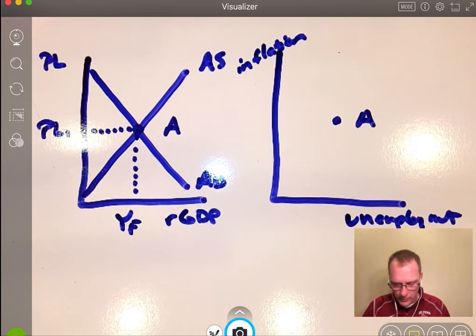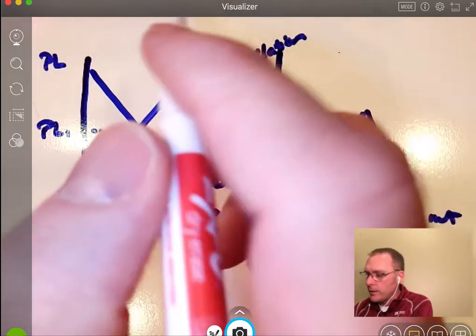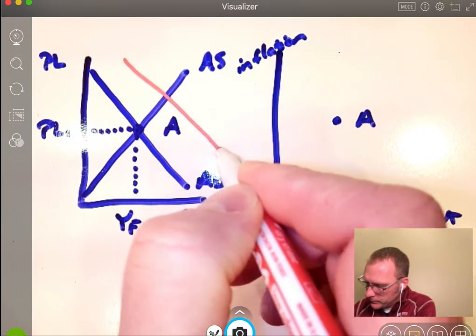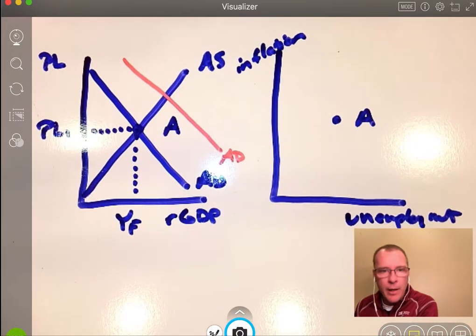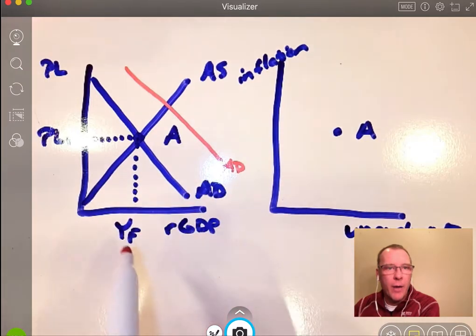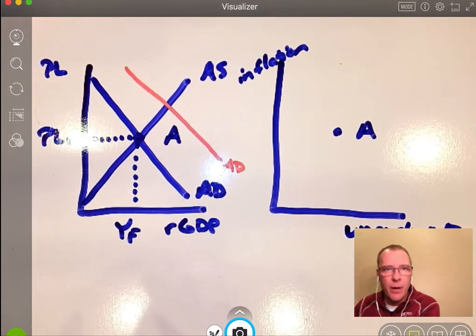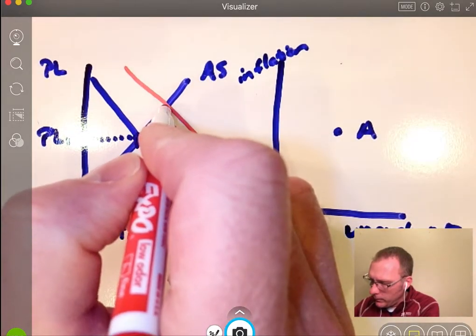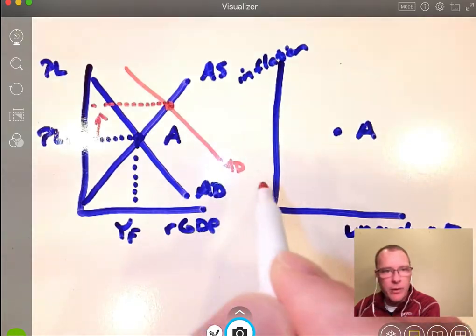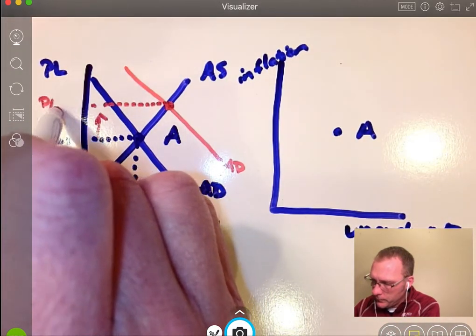Well, what happens when we see aggregate demand, let's say aggregate demand shifted to the right. If I see aggregate demand shift to the right, as that occurs, I'm going to see a new point on my aggregate supply, aggregate demand graph, right? This new point is going to be up here. I'm going to see an increase in inflation, right? It's a PL2.